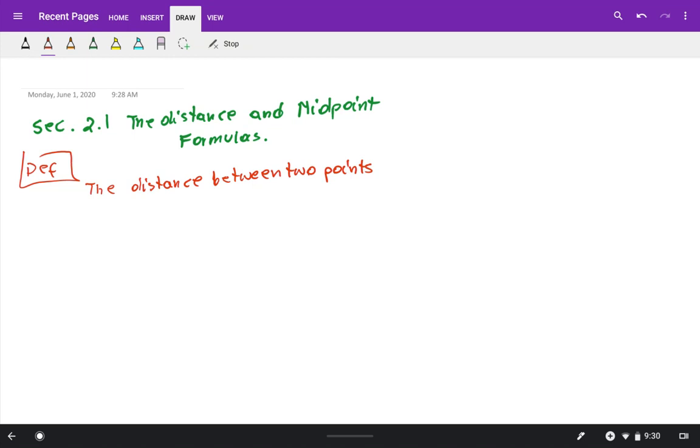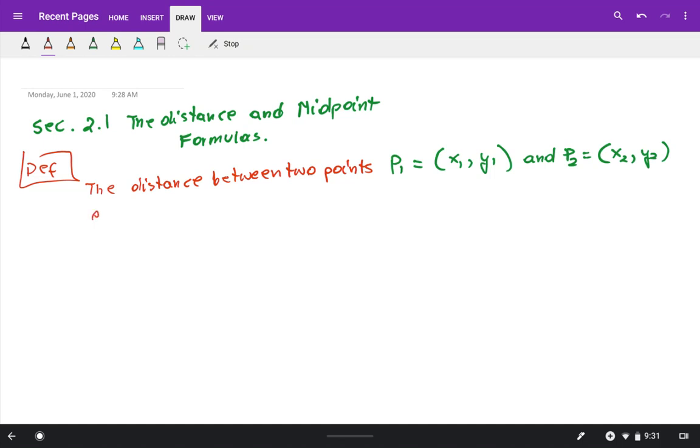P1, which has coordinates x1, y1, and P2, which we're going to mark the coordinates with x2, y2. So x1, y1, x2, y2, the indices just make sure that they are different.